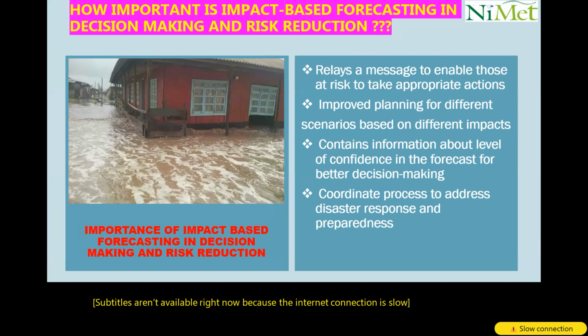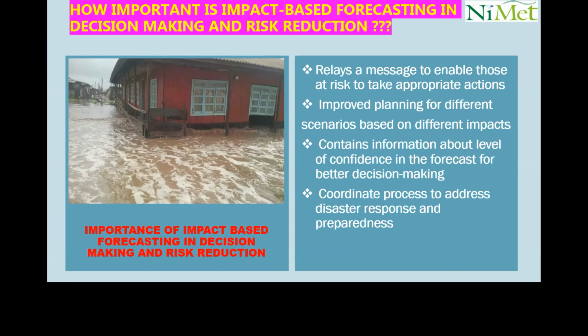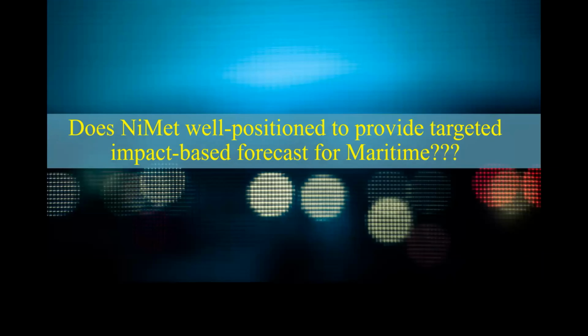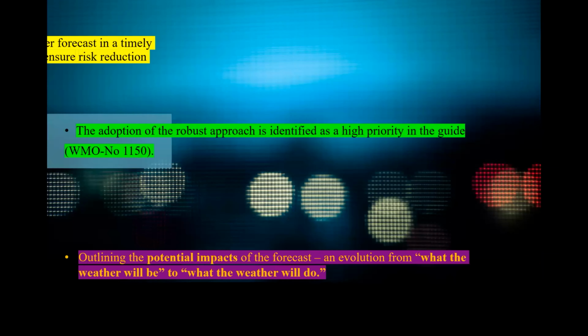It will contain information about the level of confidence in the forecast for better decision-making, and it allows coordinating processes to address disaster response and preparedness, so that those that receive the information earlier will be able to use it judiciously.